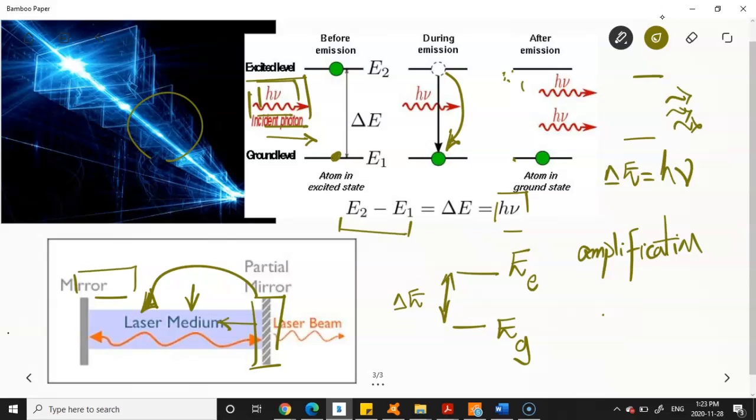And after the process of amplification, that's why you can see that the laser beams are narrowly focused, coherent, and they have lots of energy, and they use that in the applications.